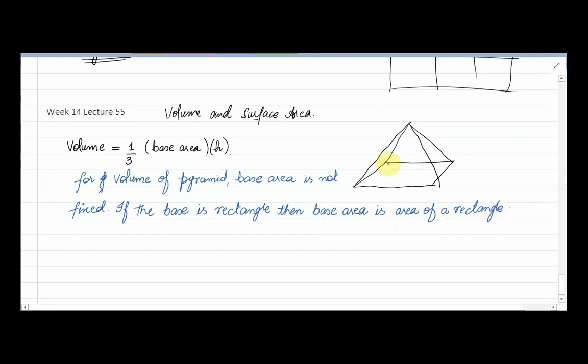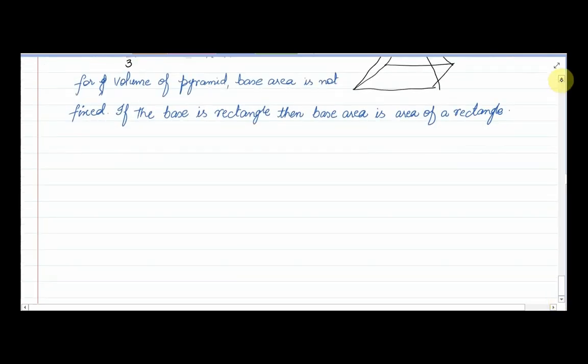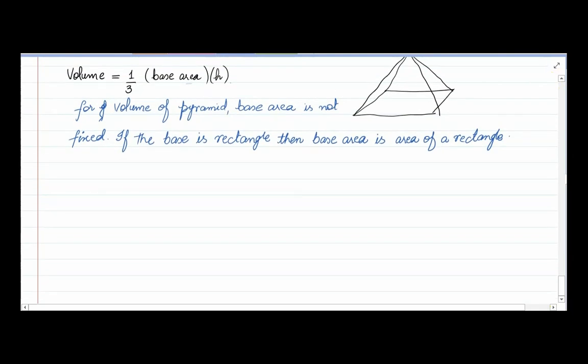You got it? If your base is a rectangle, the base area is the area of a rectangle. If your base is a triangle, then the area of the base is the area of a triangle. If your base is a square, then the area of the base is the area of a square. So that is not fixed. It depends on the question.